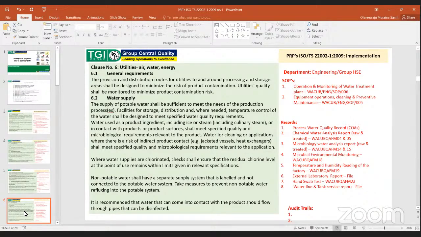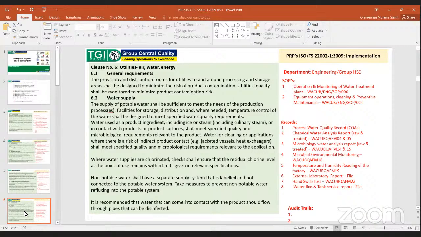Utilities quality shall be monitored to minimize product contamination risk. Water supply: the supply of potable water shall be sufficient to meet the needs of the production process. Facilities for storage, distribution, and where needed, temperature control of water shall be designed to meet specified water quality requirements.